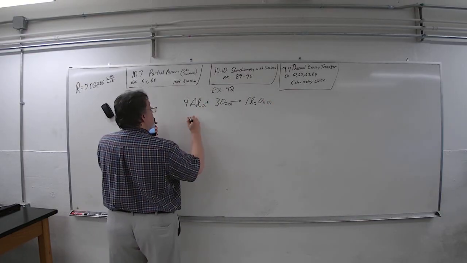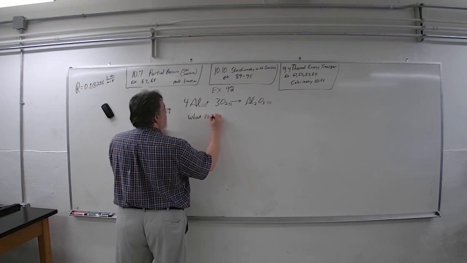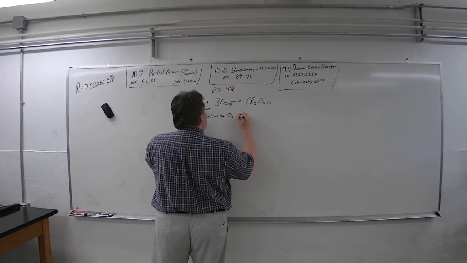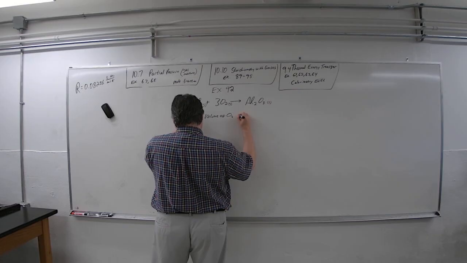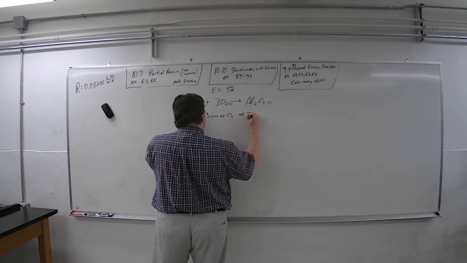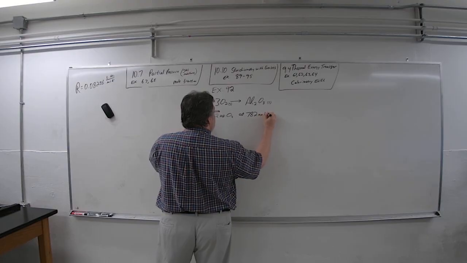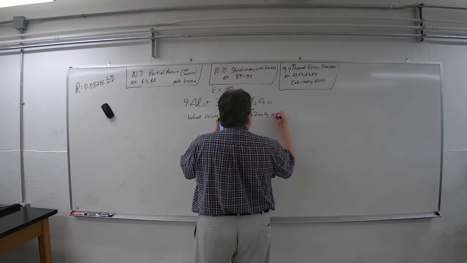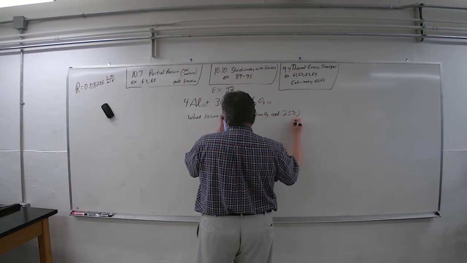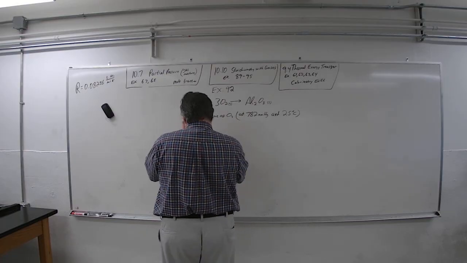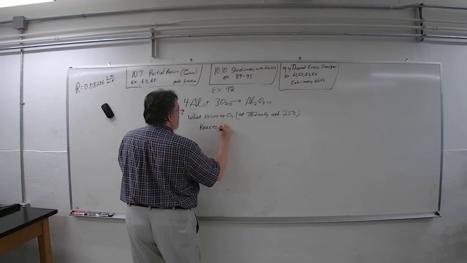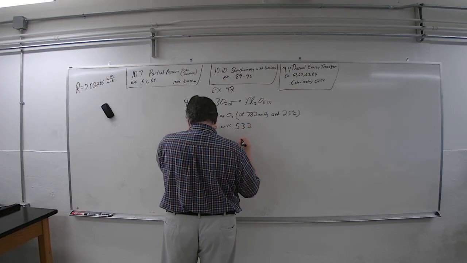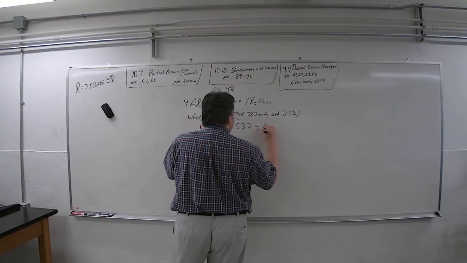All right, the question is, what volume of O2 at 782 millimeters of mercury and 25 degrees C reacts with 53.2 grams of aluminum?